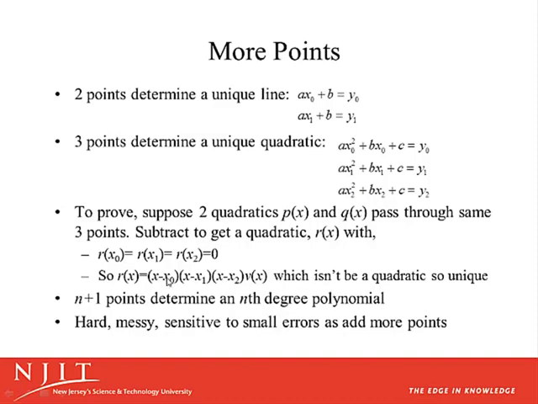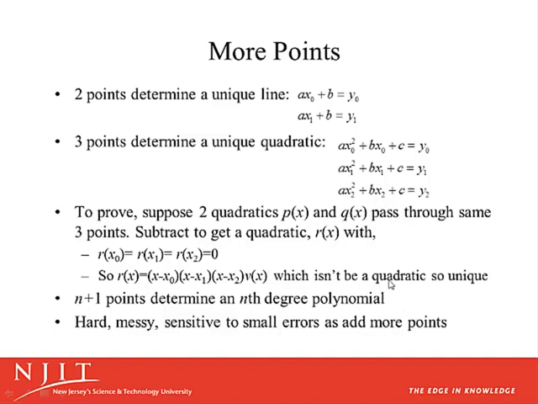And therefore, there is no quadratic function r that can satisfy these equations. And therefore, the supposition that there were two quadratics has been contradicted. And so there can only be one quadratic through a given 3 points. If you're using n plus 1 points, then that would give you an nth degree polynomial.